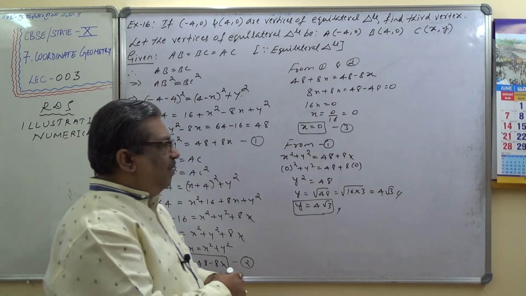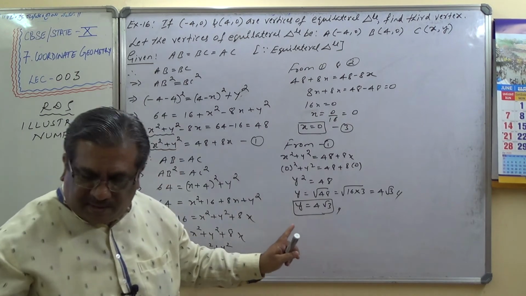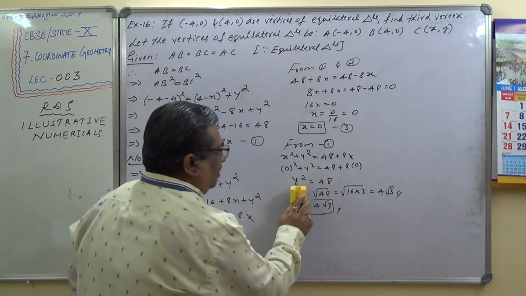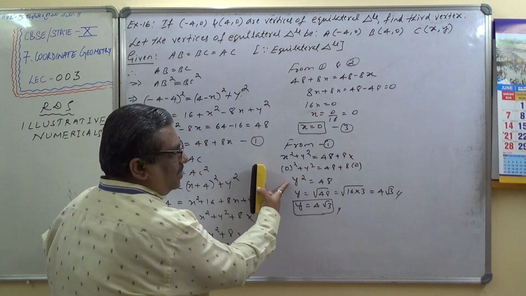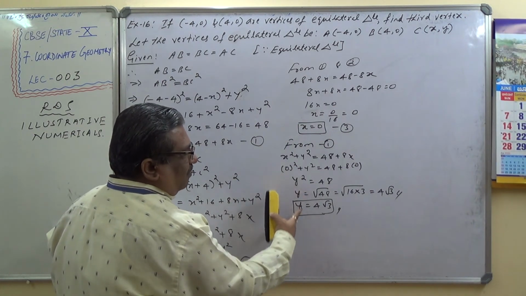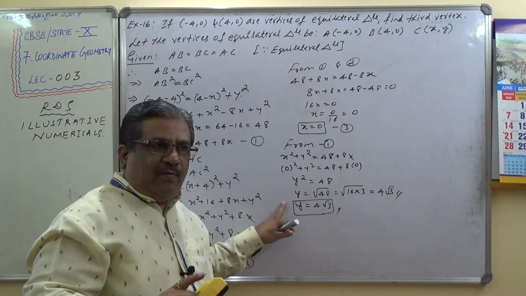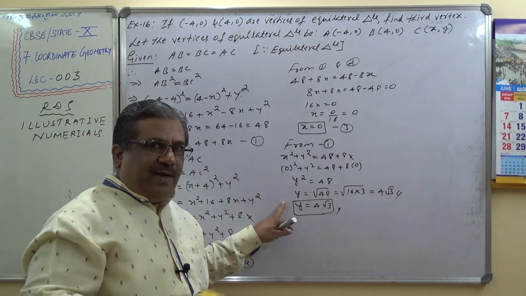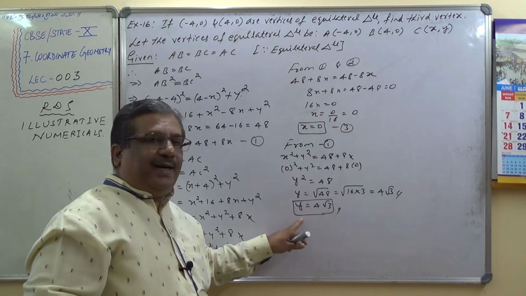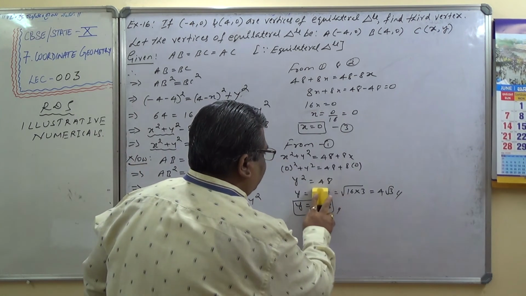And therefore I am modifying here. I want two values of y. So see here, a little bit of modification from this step onwards. y is equal to plus or minus under root of 48. Are you able to understand? x and y are the coordinates, which are real numbers that can take any value. Here I am going to get plus or minus under root of 48, and therefore I'll have to change this one now.